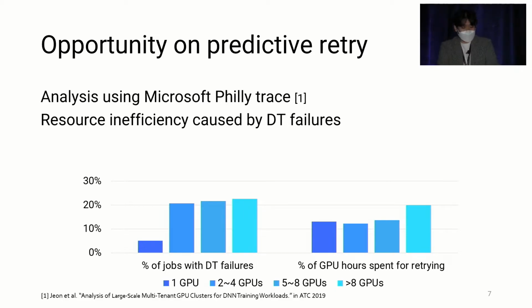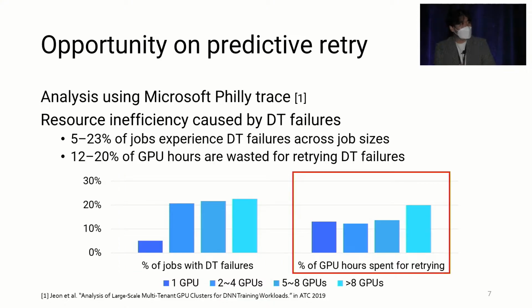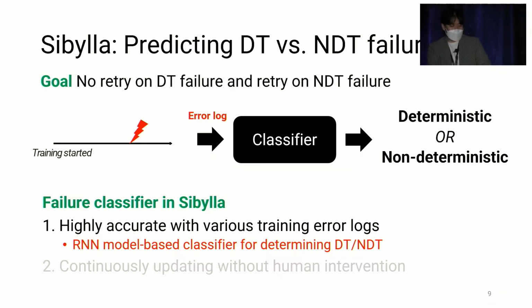By this analysis, 5 to 23% of jobs experience DT failure, and GPU hours spent retrying those DT failures are as much as 12 to 20%. So we conclude that classifying failures by Sibylla into DT and NDT failure can save significant GPU hours that would otherwise be wasted on frequent DT failure.